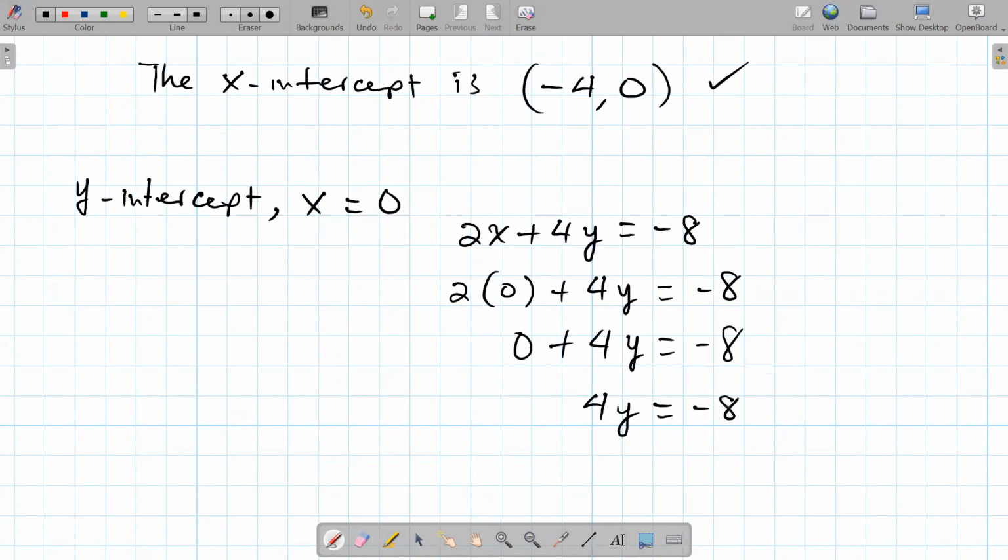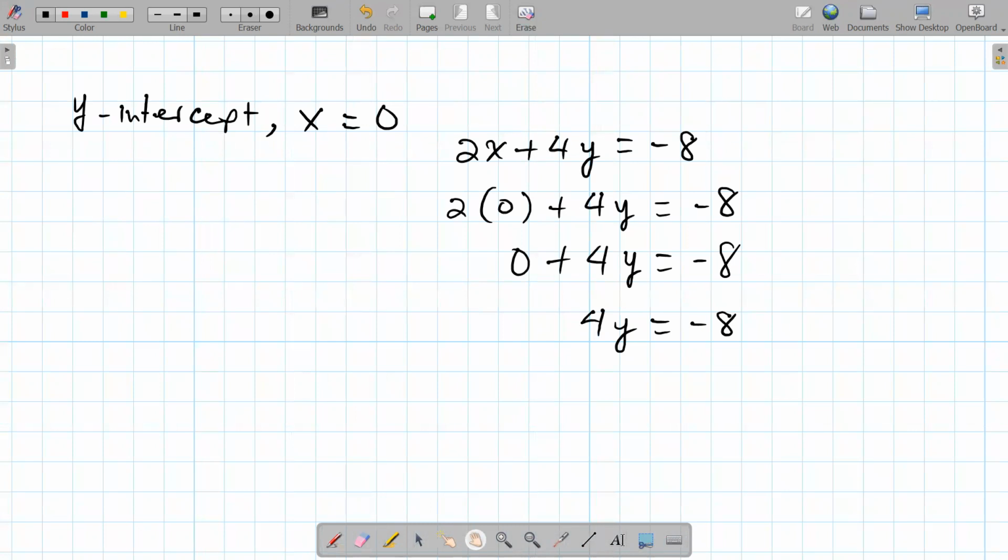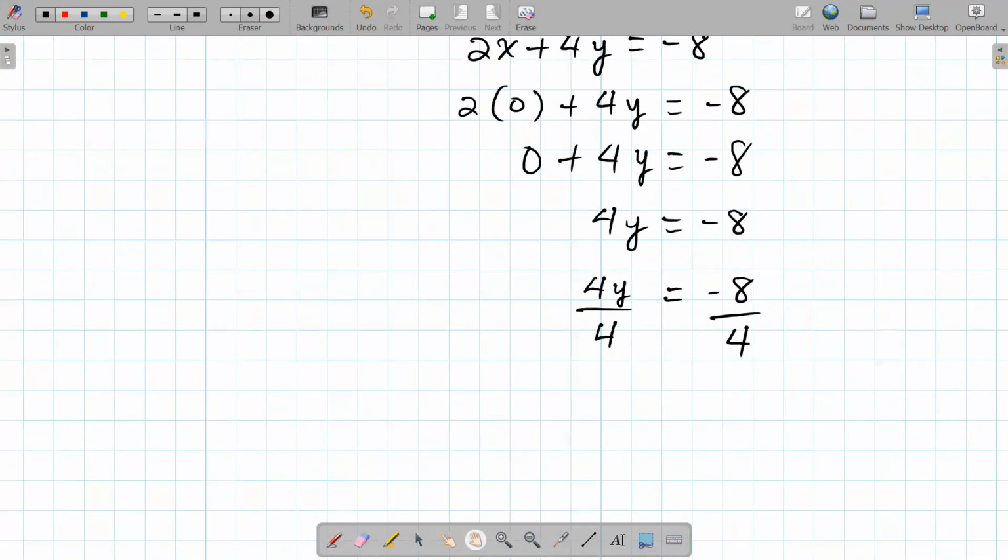equal -8. And then what I got to do here to solve for y will be to divide both sides by 4. You can easily cross out the 4's, and I will be left with my y. And -8 divided by 4 gives me -2.